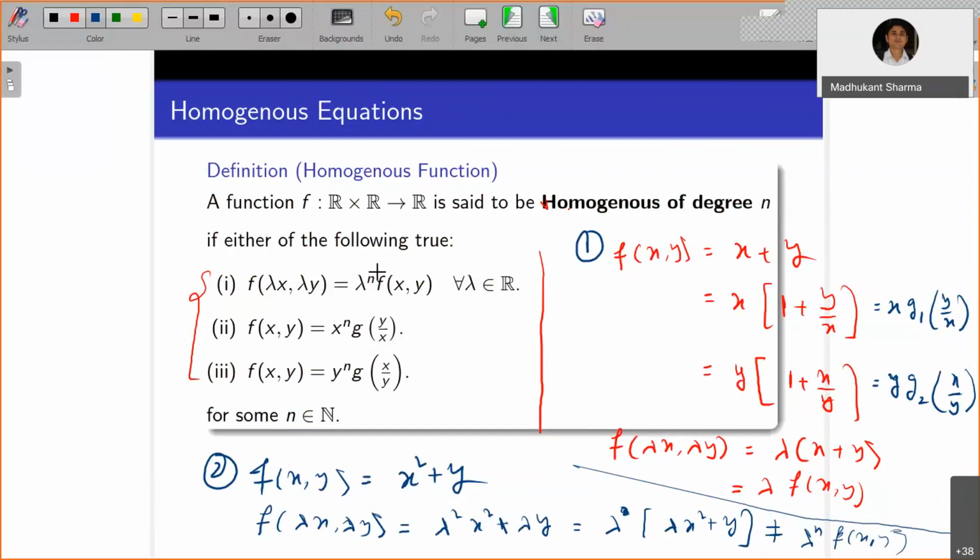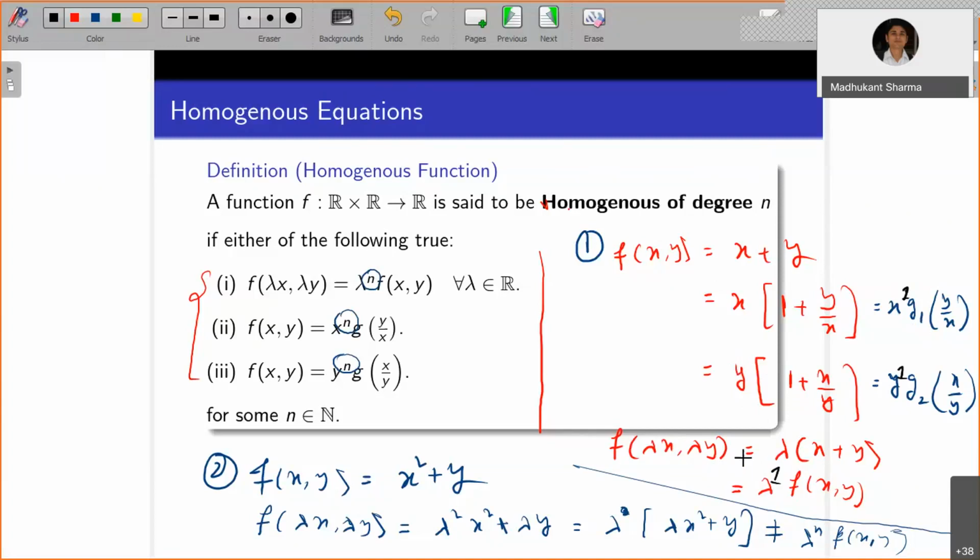These are one of the ways to identify whether the function is homogeneous of degree n or not. How you decide the degree is from this: in this case, the degree is 1, here the degree is 1, and here also the degree is 1, the highest possible degree. Now you may say, sir, I can replace x by lambda to the power n times x and y by lambda to the power n times y, then I will get lambda to the power n times x plus y, and I am getting lambda to the power n into f of x y.